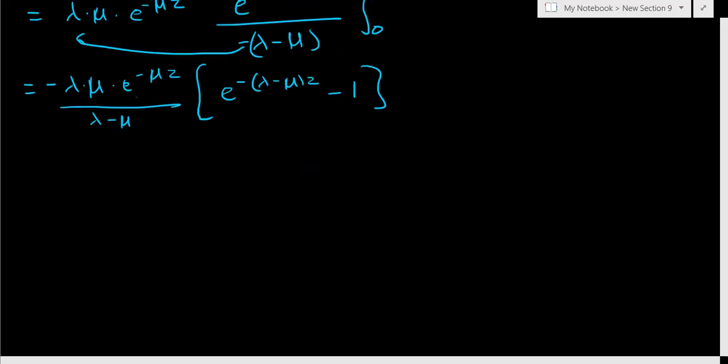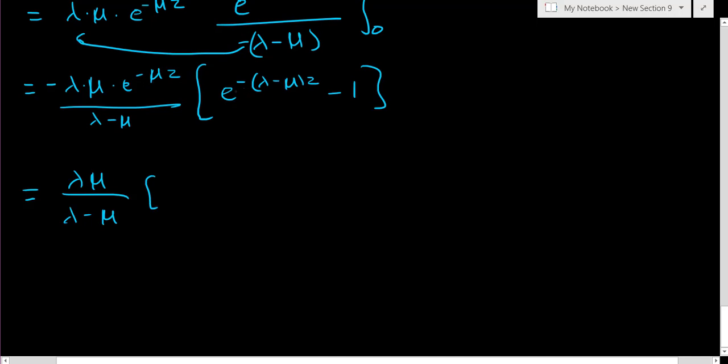Okay, the next thing I do is multiply e to the power of minus mu z inside, and also this minus sign inside. So lambda upon mu, lambda minus mu stays the same. Inside, if I multiply the minus sign in, this term becomes negative and is multiplied with e to the power of minus mu z.